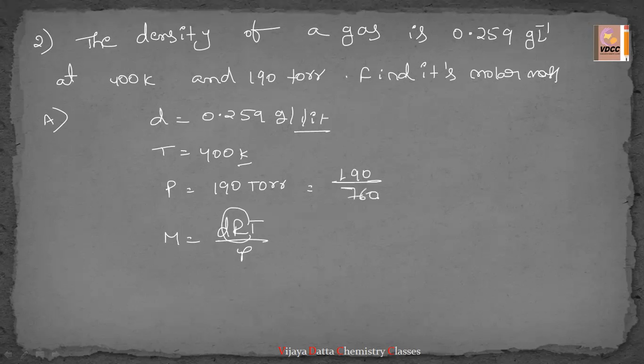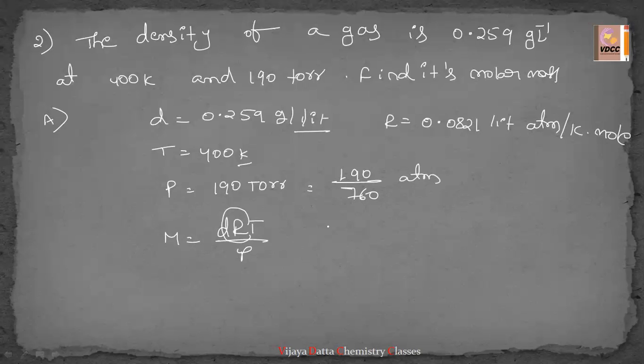Now, what is the R value? R in liter atmosphere is 0.0821 liter atmosphere per Kelvin mole. So now we have all the values.